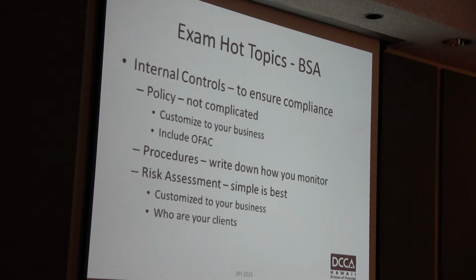Procedures. You write down what exactly you do to monitor compliance. You ask for ID during the application process, you ask for social security number, you ask for their address, you ask for where they work. You ask for all of those things as they're filling out the application. And then you run the credit check.